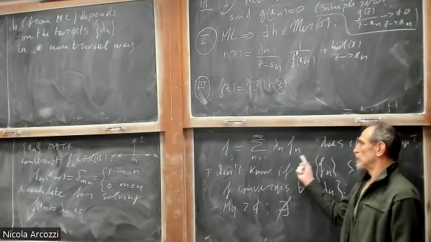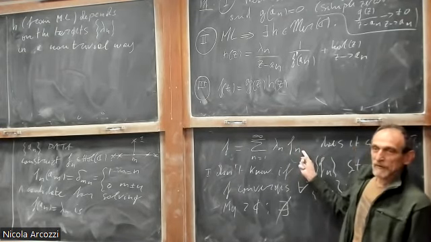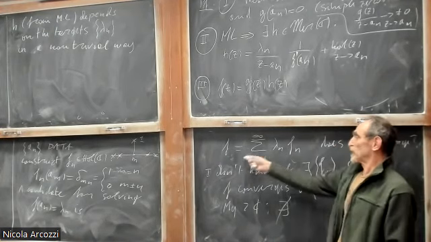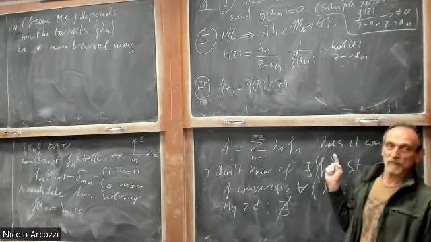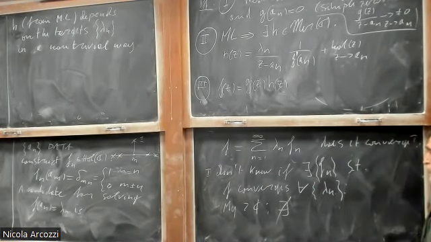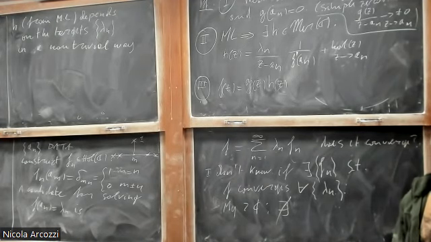No matter how I make these functions, I can find a sequence lambda n which grows fast enough to make this series divergent. But I don't know how to prove it.